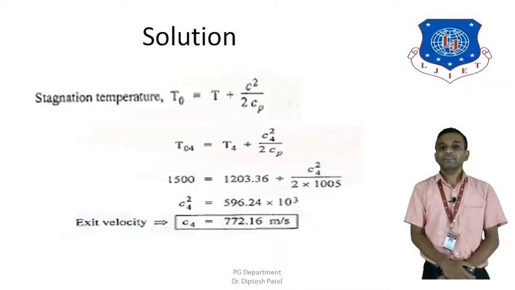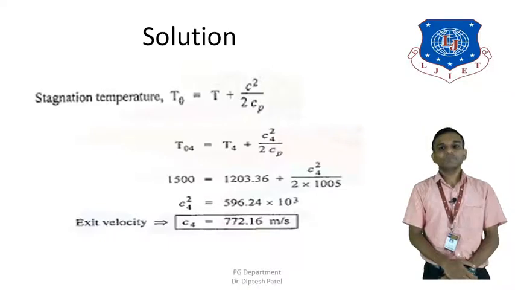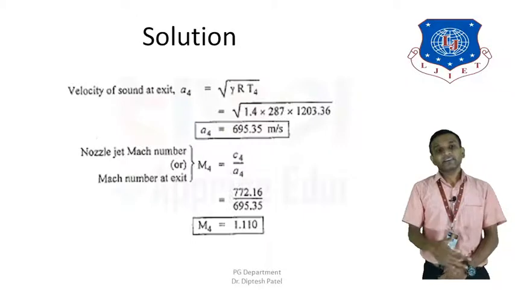So C4 square is 596.24 into 10 raised to 3, and the exit velocity C4 would be 772.16 meter per second.